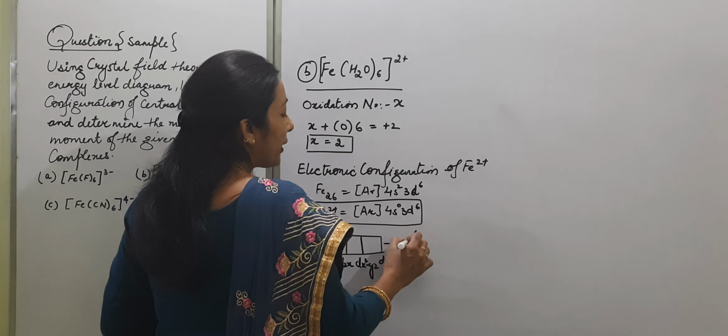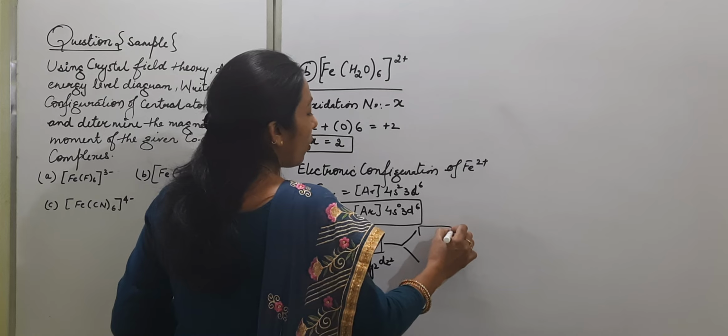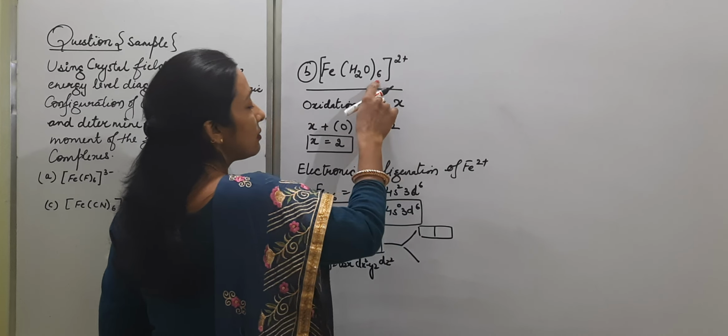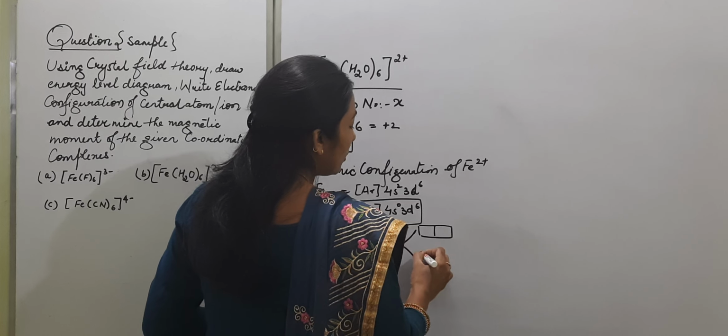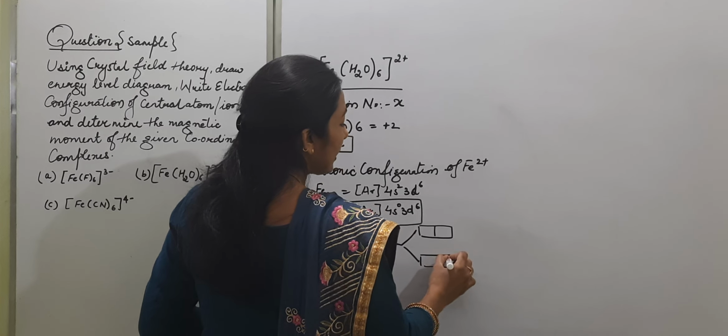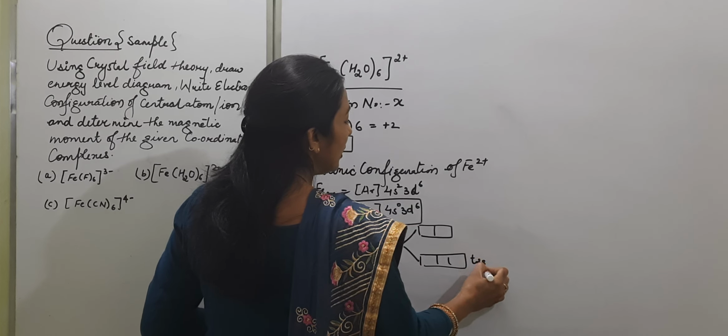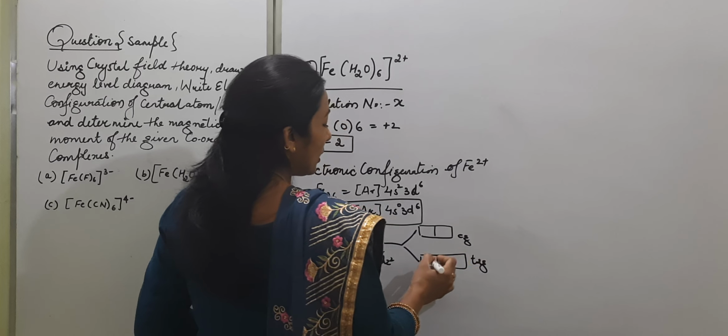It will be divided into two parts because this is octahedral, coordination number 6, and the lower energy level is T2G and the upper one is EG.